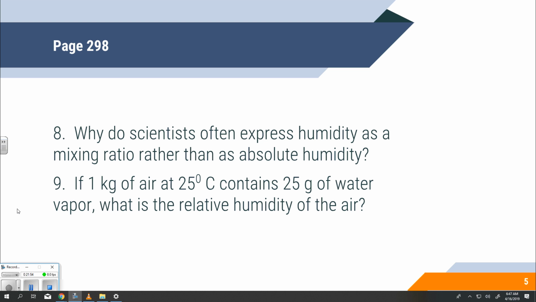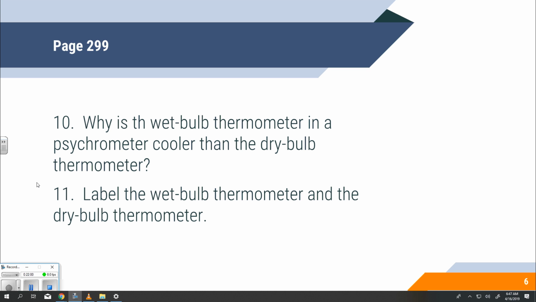Psychrometer. Page 299. Why is the wet bulb thermometer in a psychrometer cooler than the dry bulb thermometer? Label the wet bulb thermometer and the dry bulb thermometer.